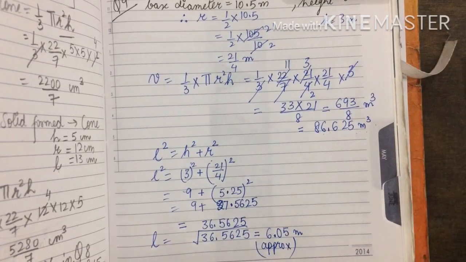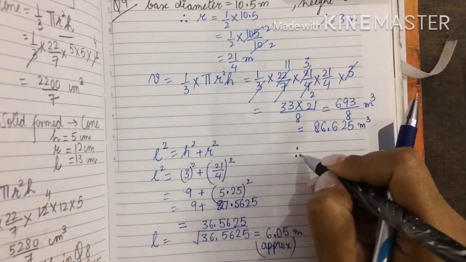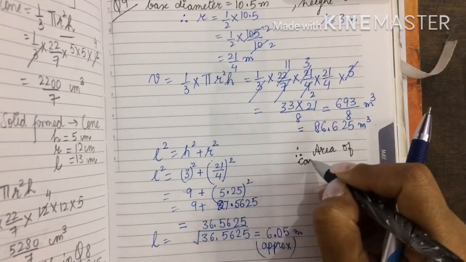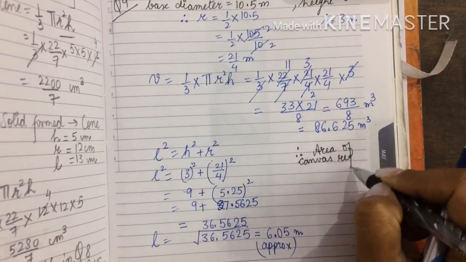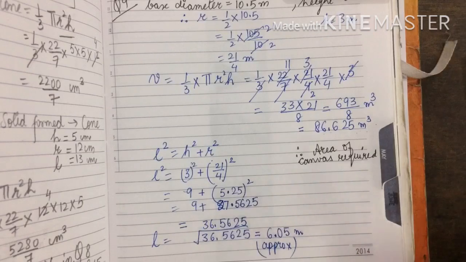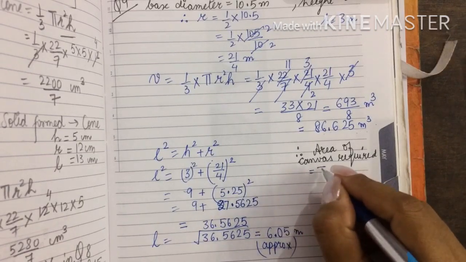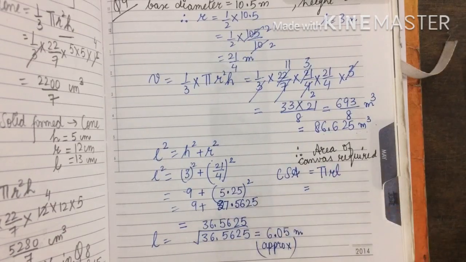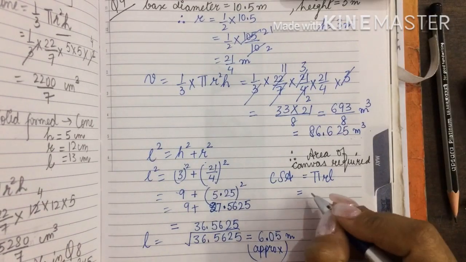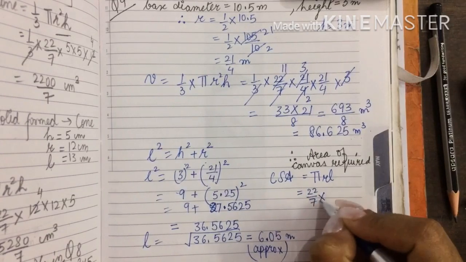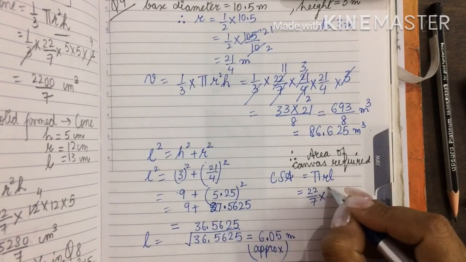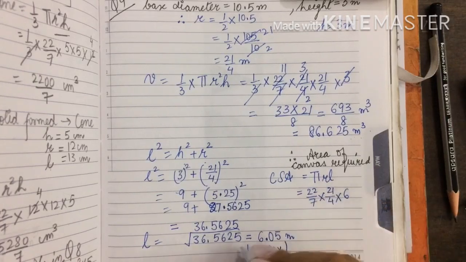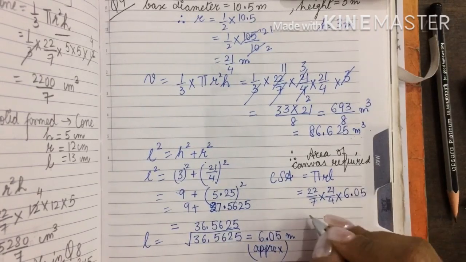Using this, let us find out the area of canvas required. The area of canvas required will be given by the curved surface area. This will be pi r L. This will be equal to, the radius is 21/4 into, the slant height is 6.05.